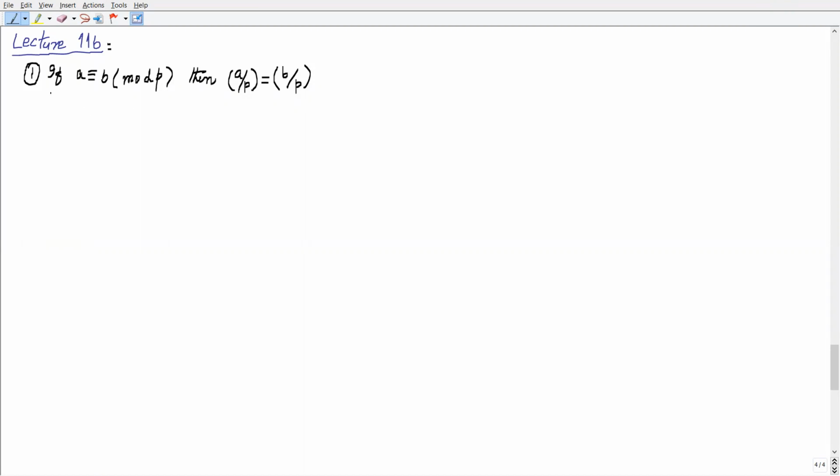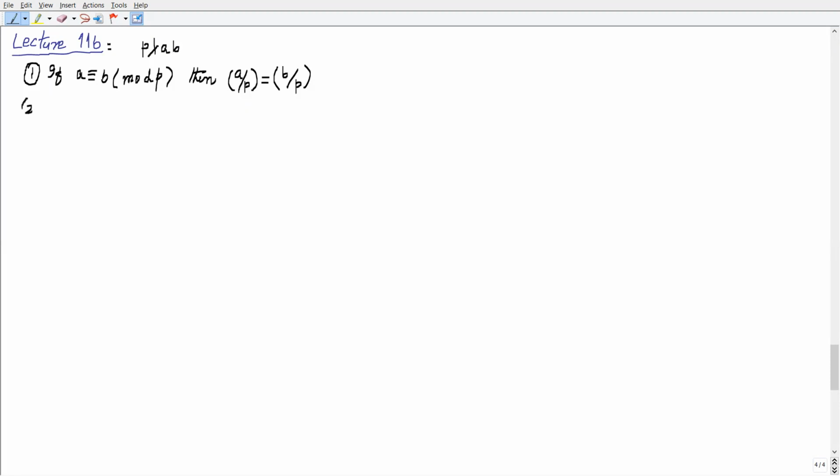And in the last lecture 11A, we discussed a result. The first part of the result is: if a is congruent to b modulo p, then the Legendre symbol of a over p is the same as the Legendre symbol of b over p, where a and b are integers, p is an odd prime, and p does not divide the product ab.